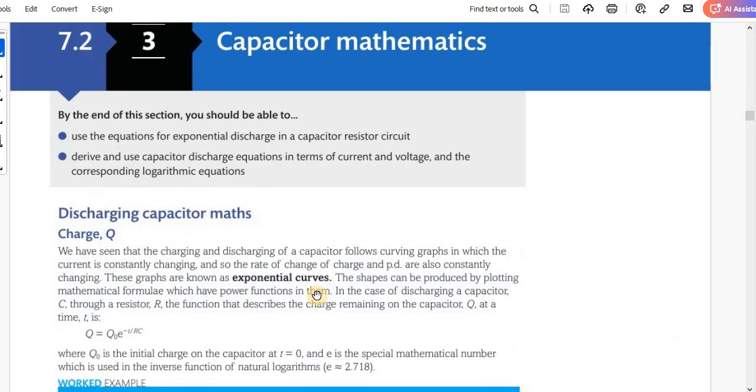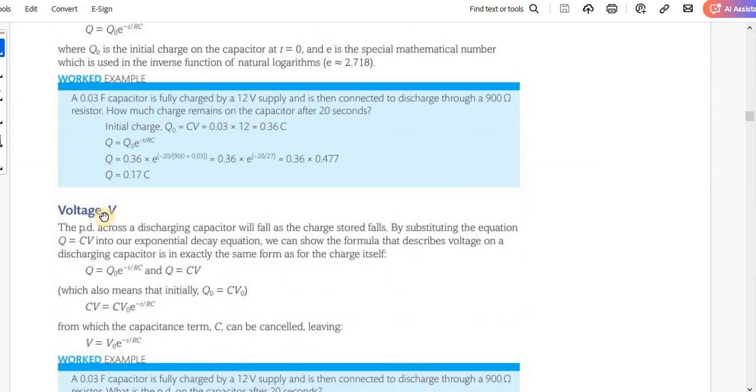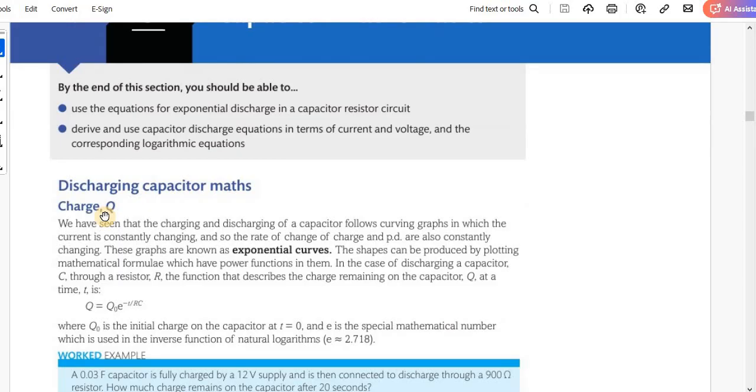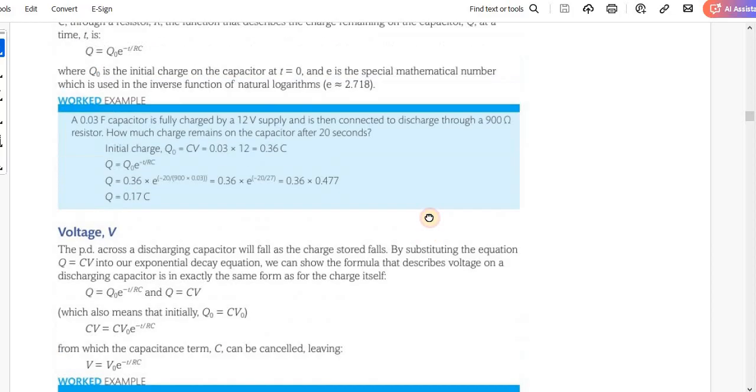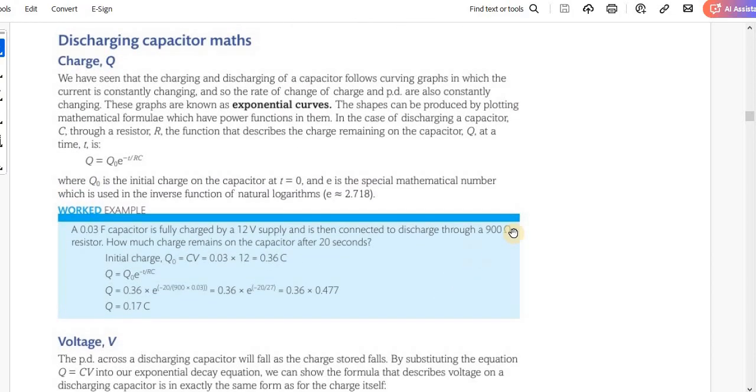Now we are in the last part, chapter 7.2.3. Let's go through some examples. A 0.03 farad capacitor is fully charged by a 12 volt supply and then connected to discharge through a 900 ohm resistor. How much charge remains on the capacitor after 20 seconds?